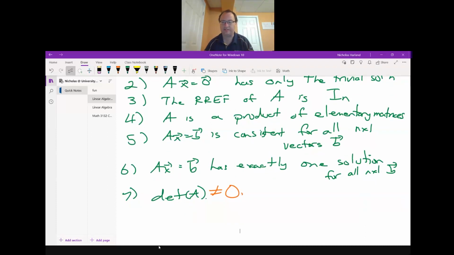So if we remember where all this started, this whole thing started with that 1 over AD minus BC for the inverse of a 2 by 2 matrix, where we knew a 2 by 2 matrix was invertible if and only if this denominator was non-zero. So we've defined the determinant that performs a very similar calculation.